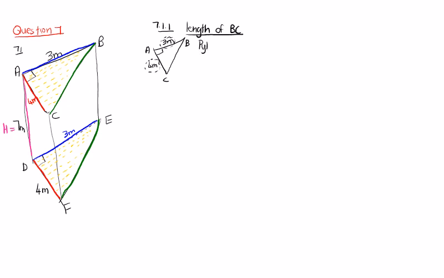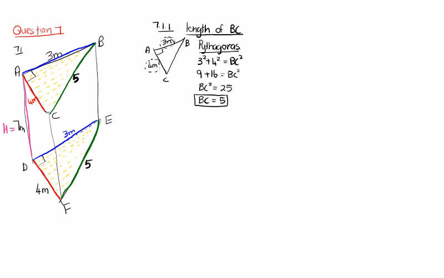So we are using Pythagoras. Now you have 3 squared plus 4 squared is equal to BC squared. So that means that 9 plus 16 is equal to BC squared. So BC squared is 25, and don't forget to take the square root, so BC is equal to 5. Then you put in 5.